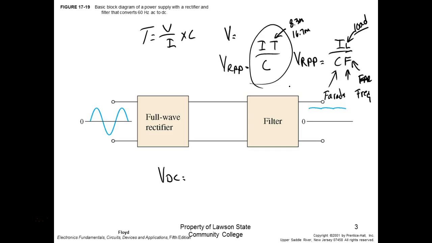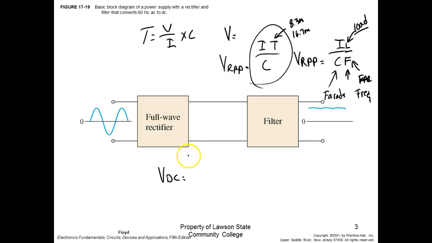Most of y'all should have that: 8.3 for full, 16.7 for half. But the problem is, if you ran into 50 hertz, then you'd be screwed, right? Or like on my airplanes, which ran at 400 cycles, I would be messed up because of that.